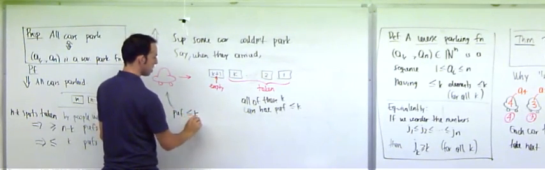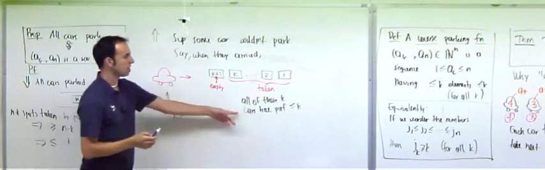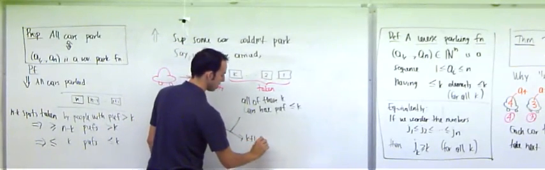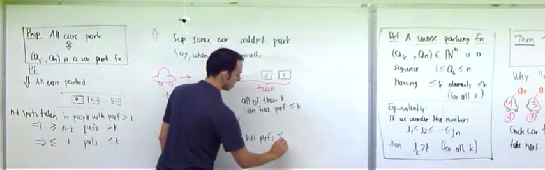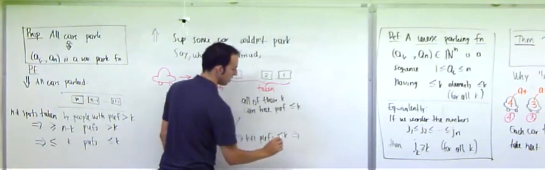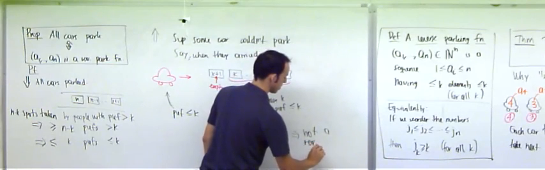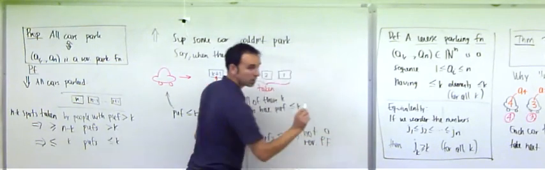Preference less than or equal to k. And so between these and these, I have k plus 1 preferences less than or equal to k, and that means that I'm not a reverse parking function. Okay?